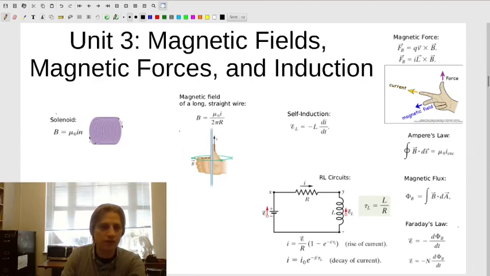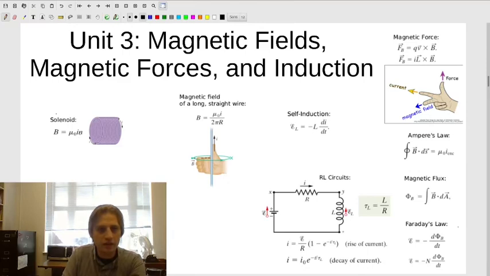The magnetic fields that you are responsible for are the magnetic field of a long straight line. So that's a different right-hand rule where you have your thumb pointing along the direction of the current, and then your fingers are curling around the direction of the magnetic field created by that current.